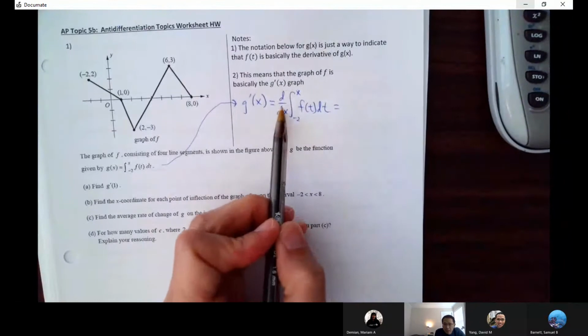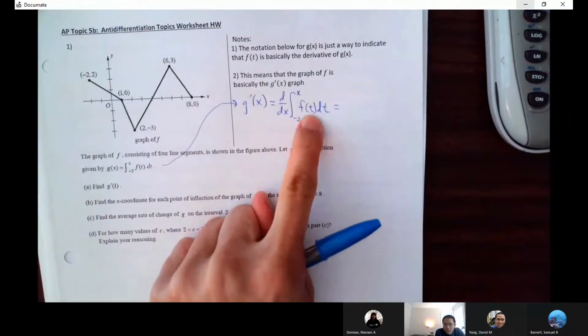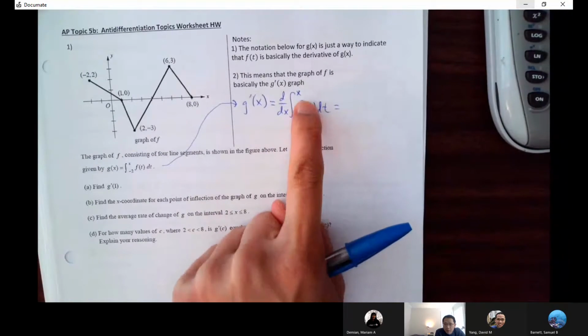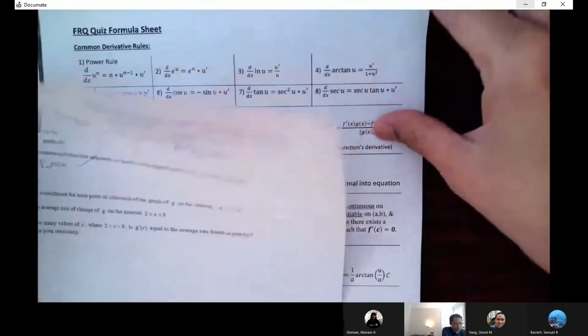Second theorem says derivative and integrals will just cancel each other out. The upper bound is going to get entered into the function, and then we're going to multiply by the upper bound's derivative. So just as a reminder here, second theorem looks like this.